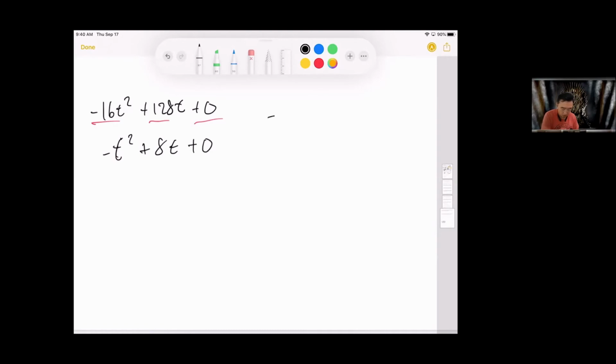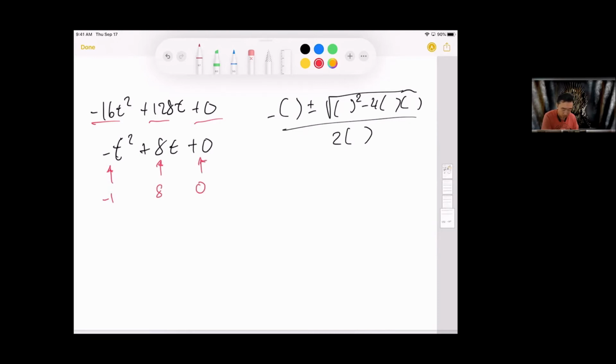So that's negative b plus or minus the square root of... And this time, because it started from the ground all the way to the other ground, one of them will be 0 for sure. But we don't care about that. So that's A, that's B, and that's C: negative 1, 8, and 0.